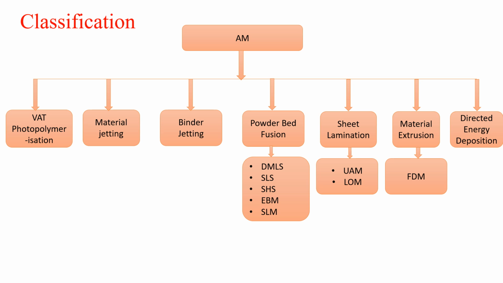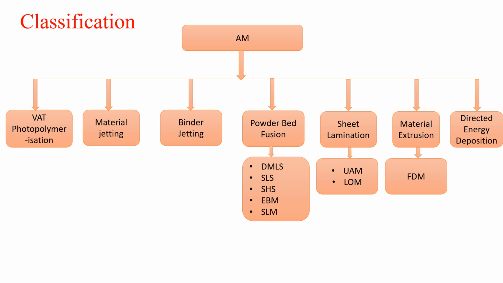Classification of additive manufacturing processes: first is VAT polymerization, second is material jetting, third is binder jetting, fourth is powder bed fusion process. This is again classified into 5 different types: DMLS, that is direct metal laser sintering, EBM, that is electron beam melting, SLS, selective laser sintering, SHS, selective heat sintering, and the last one is SLM, selective laser melting.